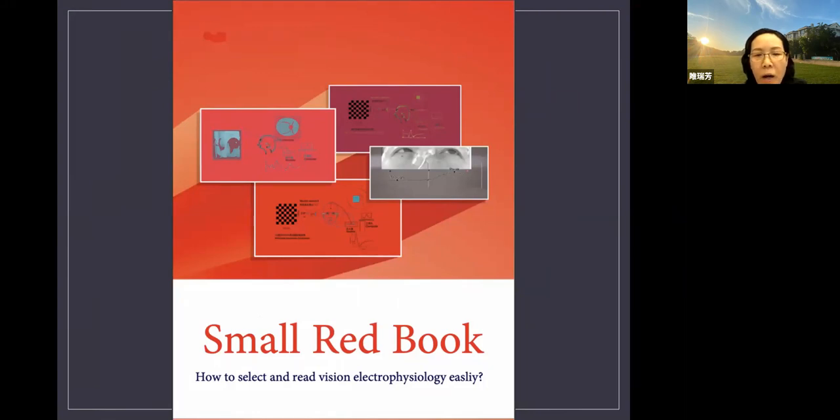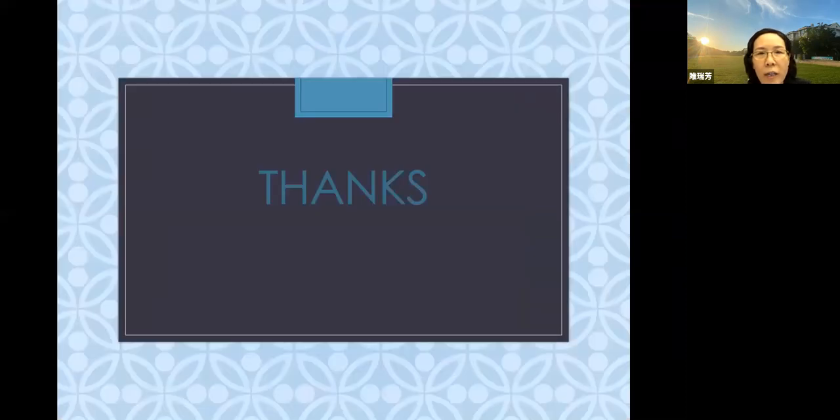This pocket book, we call it a red book, will help you to understand and know more cases. And I think if you have any clinical difficulties, you can check this book and maybe it will help you to do a better job in your work. And thank you for your attention.